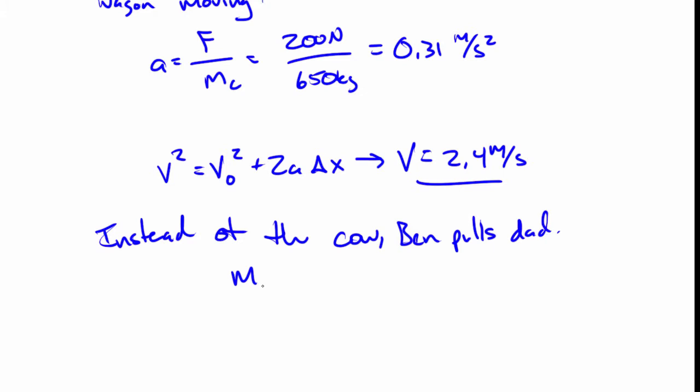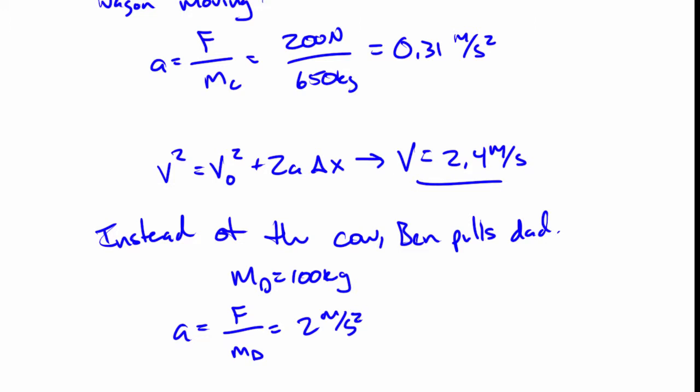It's getting closer every day. We'll just make it a nice round 100 kilograms, which might be a little bit on the large side, but that's okay. So again, the acceleration is equal to the force that Ben's pulling with, still 200 newtons, divided by the mass of dad, which is now 100 kilograms. So you get the acceleration is equal to 2 meters per second squared.